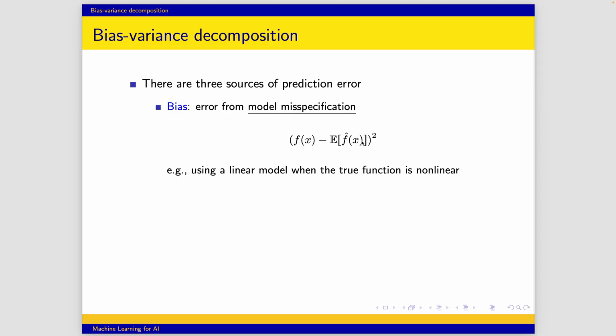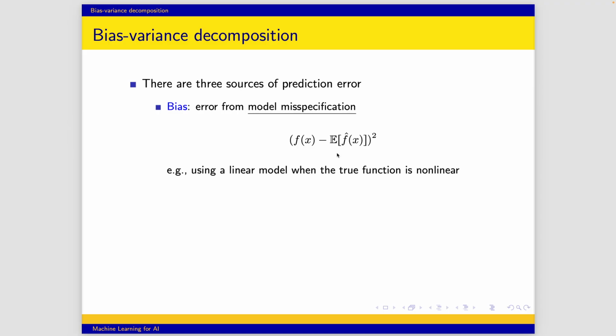Remember, we have to choose some model for f hat, whether it's linear regression or some non-parametric model, whether it's a neural network, whether it's a kernel machine, whatever it is, we have to choose some model. Now, in the unbiased case, the expected value of that model would be equal to the true function at each x. But it may be that we choose a model which is far away from the true function.